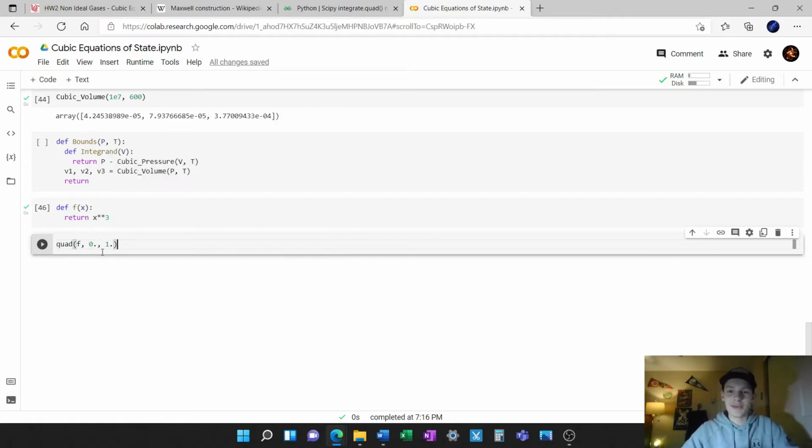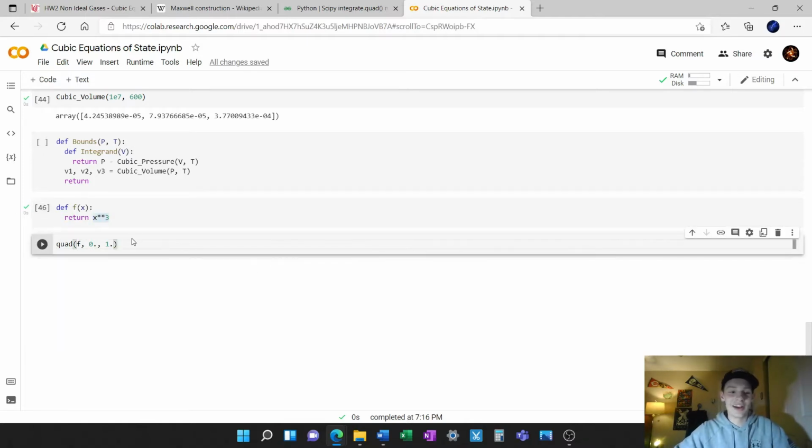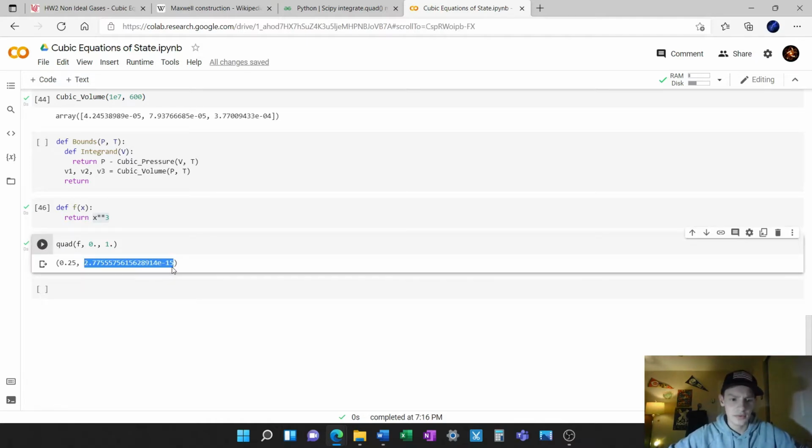Maybe you can try to find the integral of that function quickly in your head and figure out what this would be. But let's see what it is. And if you guessed 1/4, you're correct. But notice we have this other value too. And this is your error approximation. That's something that you do a lot in calculus too.